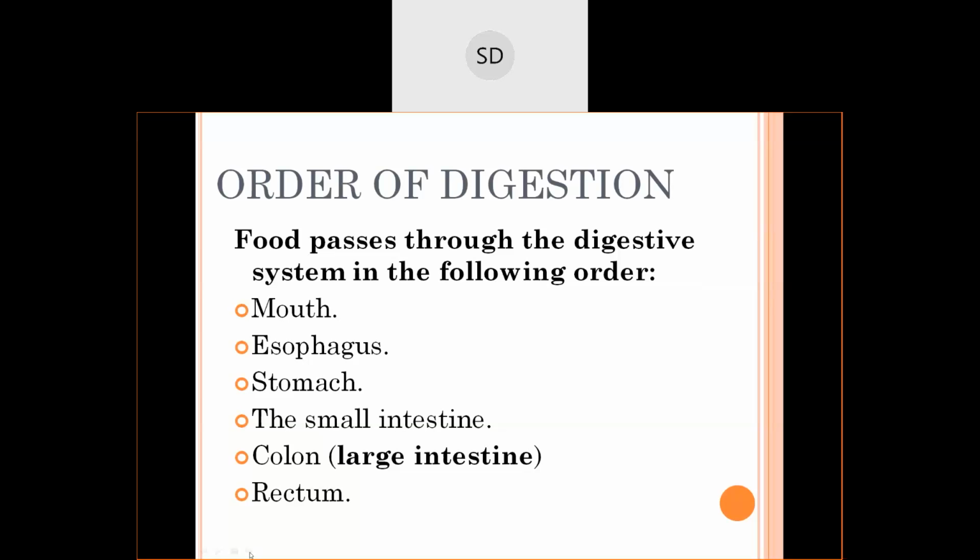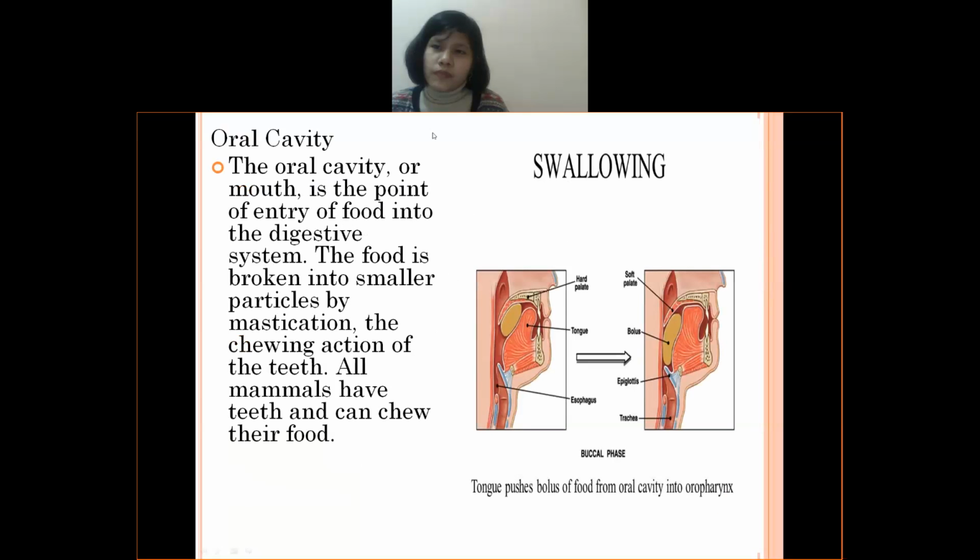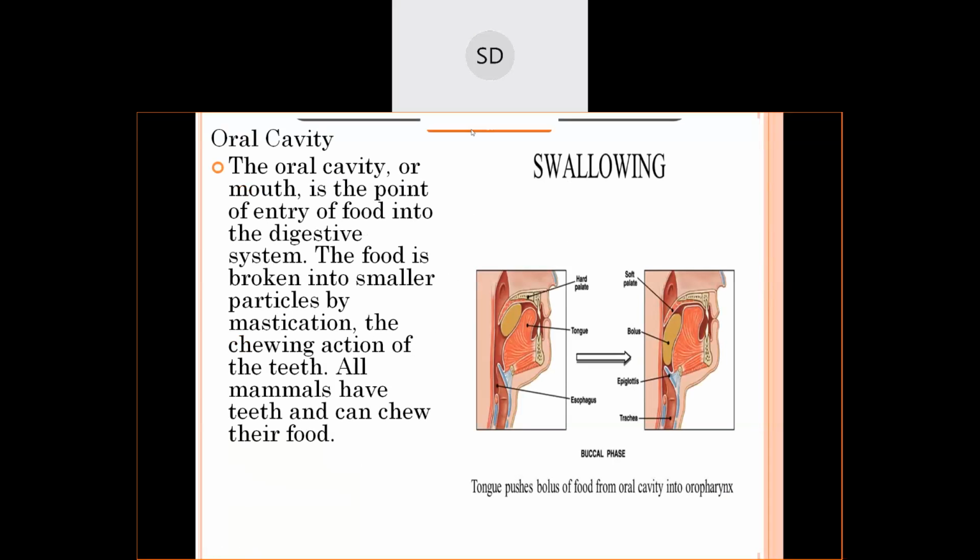In order of digestion, food passes through the digestive system in the following order: mouth, esophagus, stomach, small intestine, colon, large intestine, rectum. The oral cavity. The oral cavity or mouth is the point of entry of the food into the digestive system.